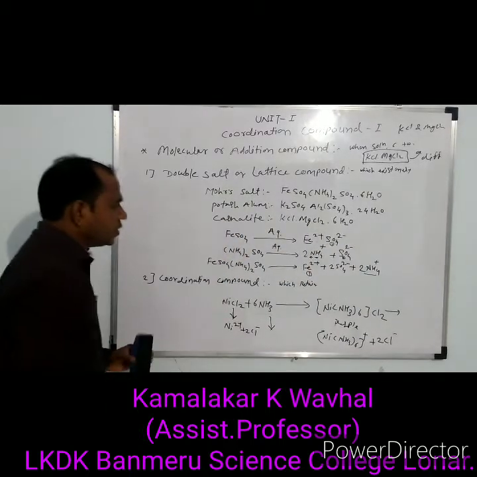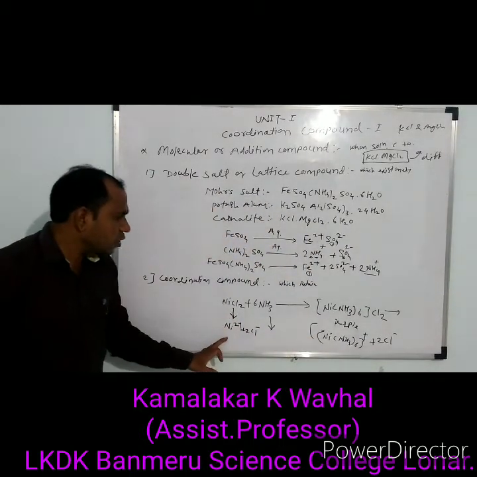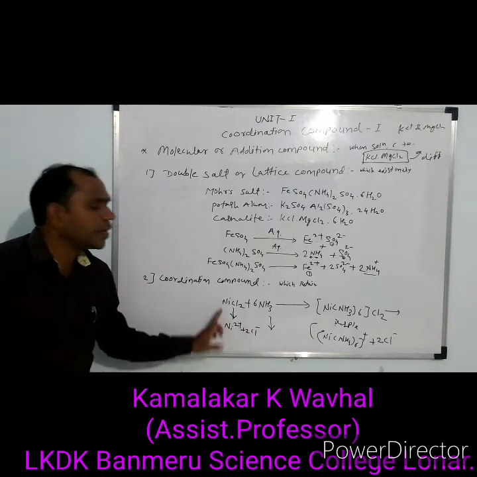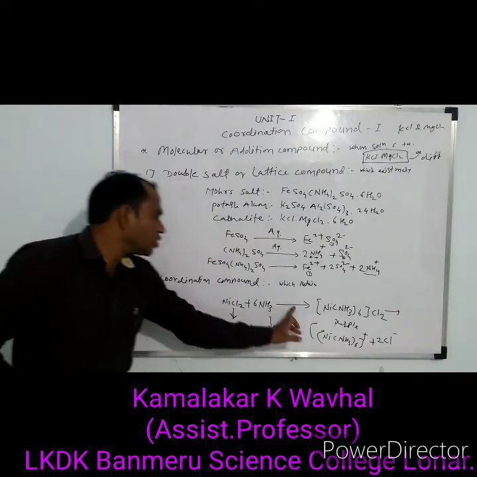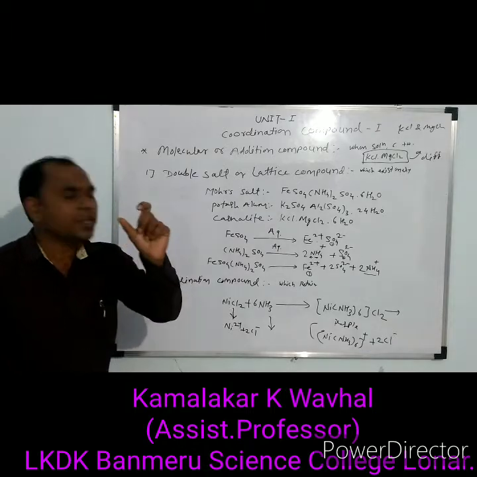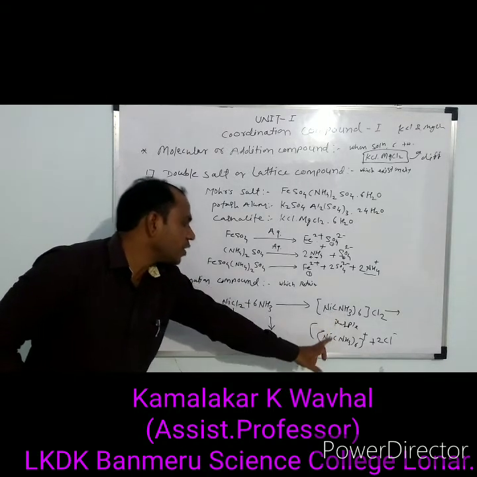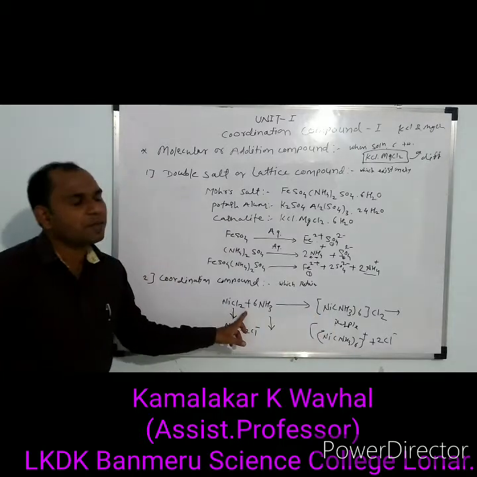It means there is no similarity between them. The Ni2+ is present in NiCl2, but in the coordination complex there are no free Ni ions produced. Hence it shows different properties than the parent compound.